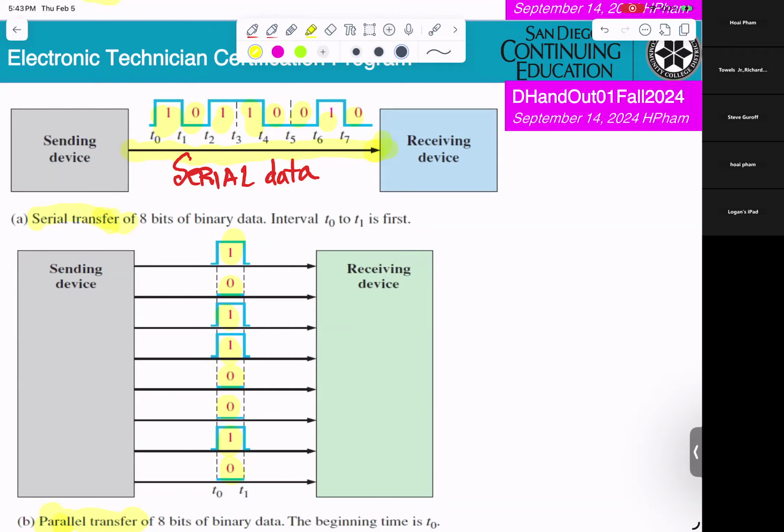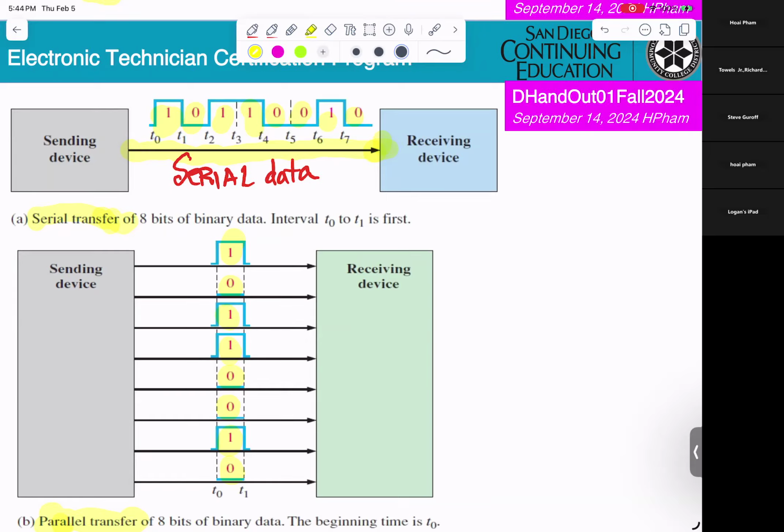Okay? They get 64 wires. That means in the computer now, you get 64 wires for address and 32 wires for the data. Okay? They're telling you where to transmit by serial.